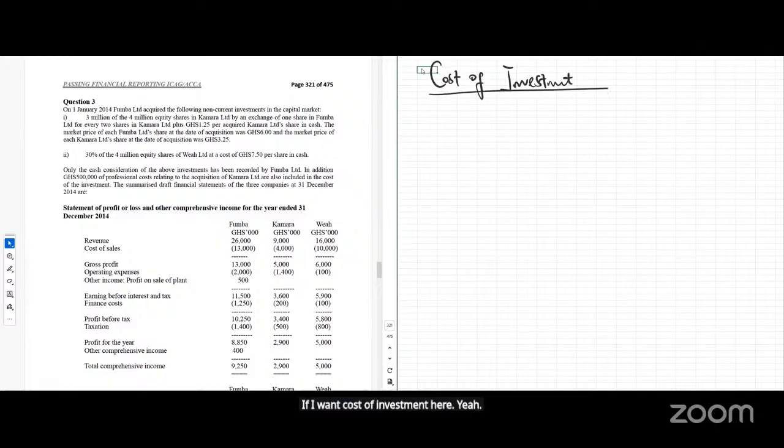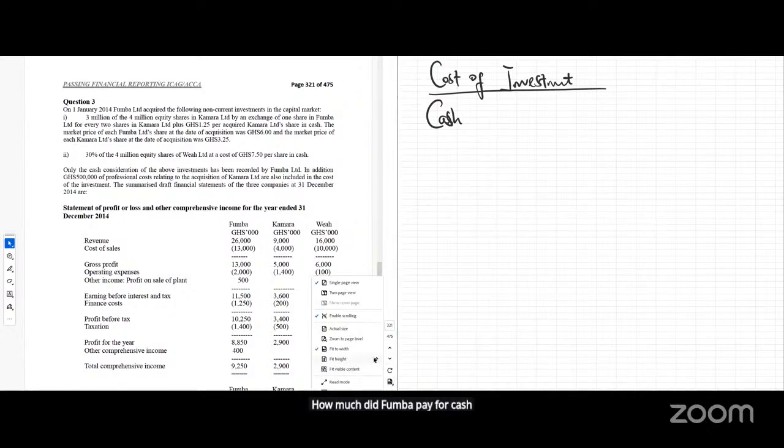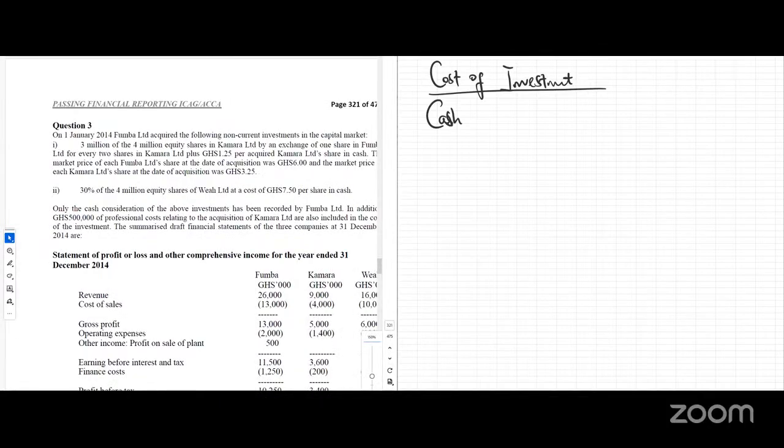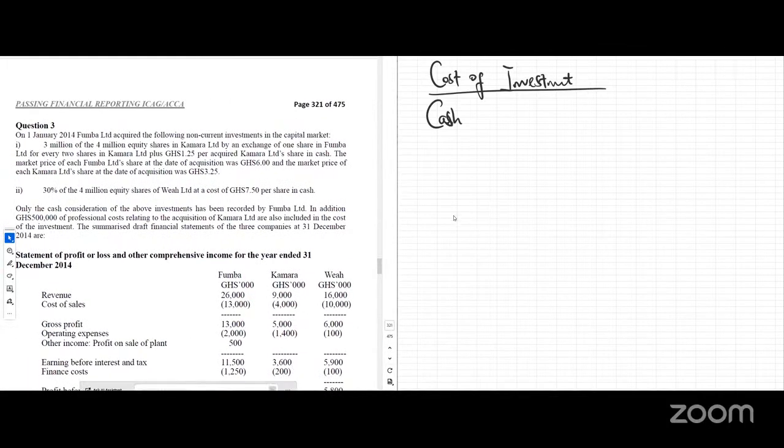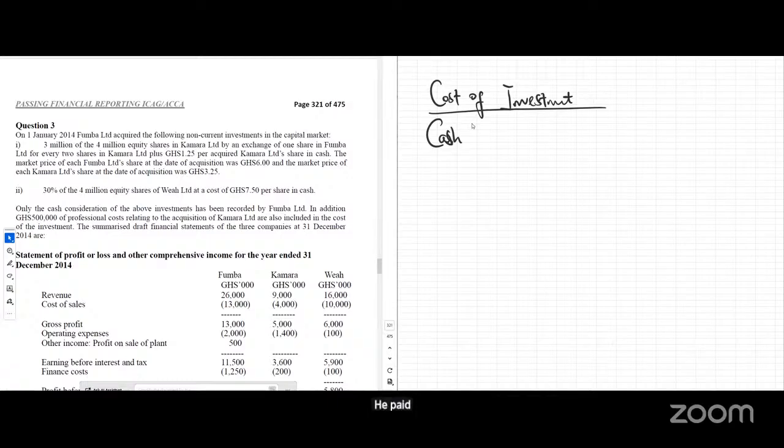Cash was given, right? How much did Fumba pay for cash investment in Kamara? 1.25. He paid 1.25 per share, right?